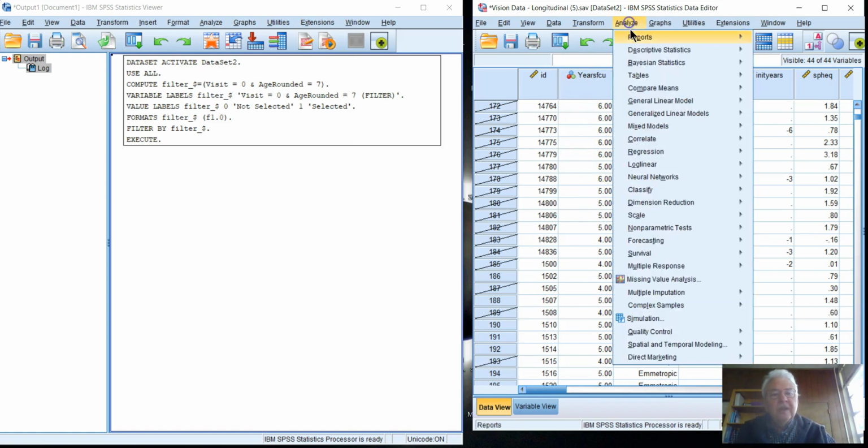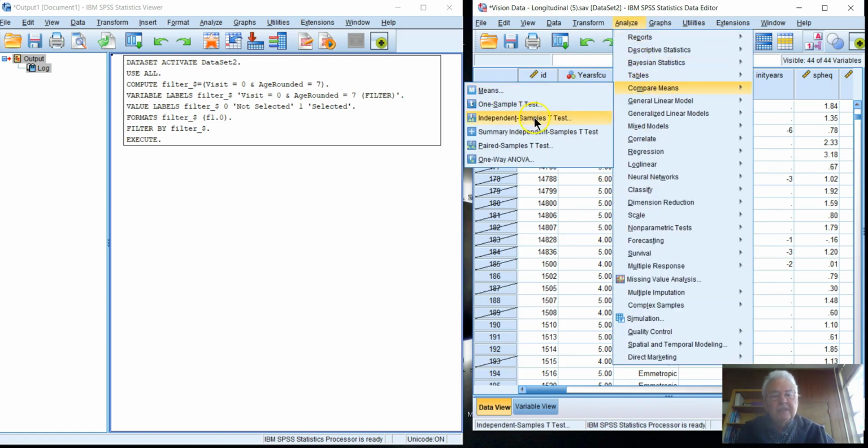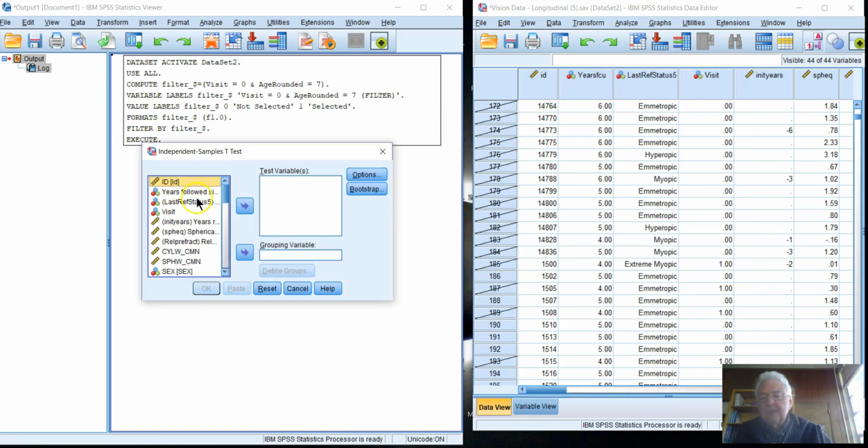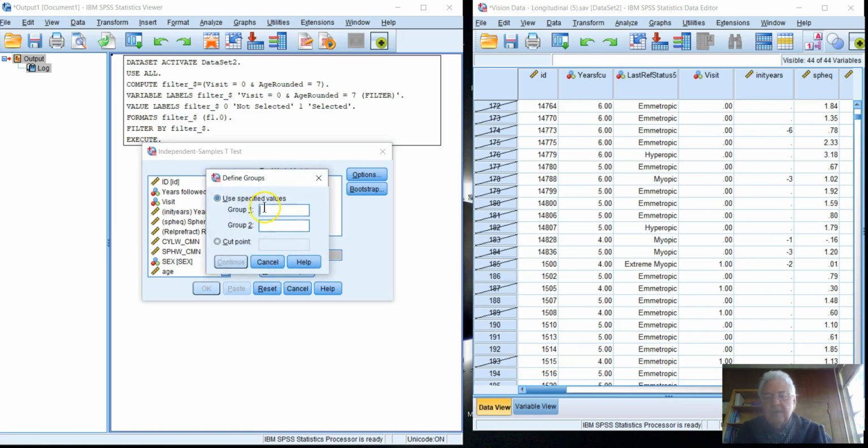So let's go to Analyze, Compare Means, t-tests, and last refractive status is our group. Now there are 5 categories there. We want category, actually let's see if we have that labeled. Cancel.